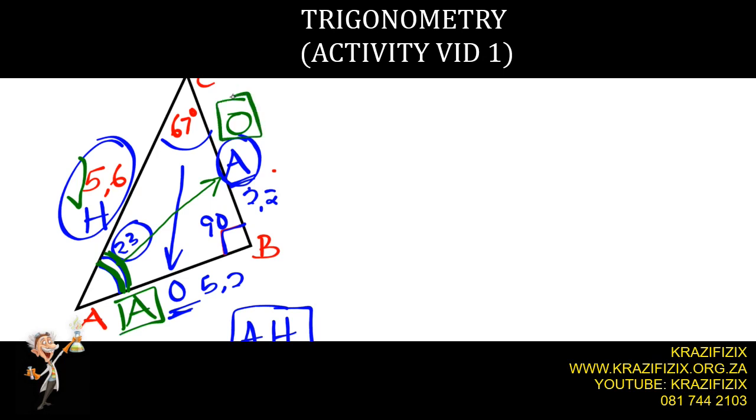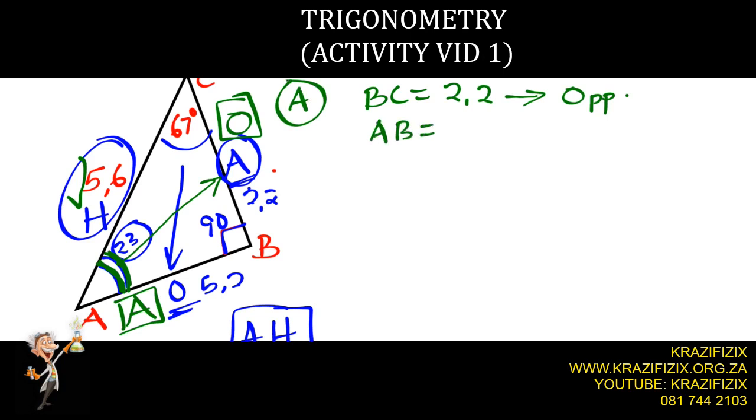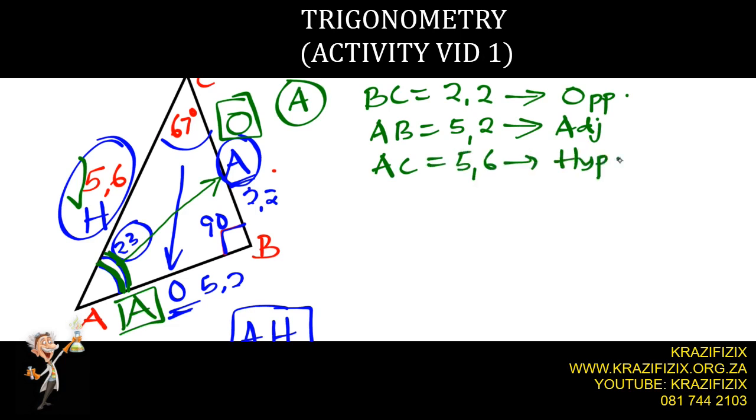So BC is 2,2, and that side is my opposite side. I hope it makes sense, because I'm looking at angle A. That's my focus. AB is 5,2, and that is my adjacent side. And AC remains my hypotenuse. So all of these reference to angle A. If I'm looking at A, these are the three sides that I have.